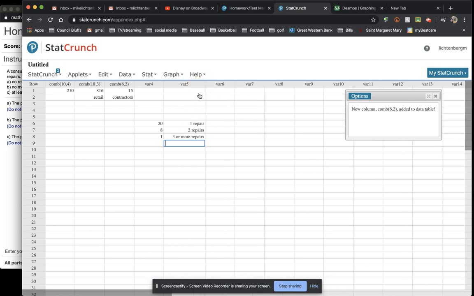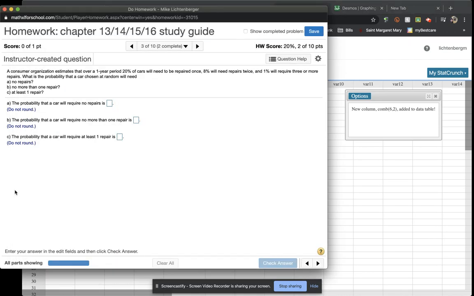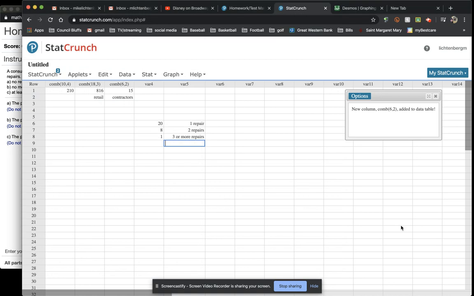Okay, that's our information. We want the probability that a car will require no repairs. So if I add this up, 20 plus 8 plus 1 is 29% total.